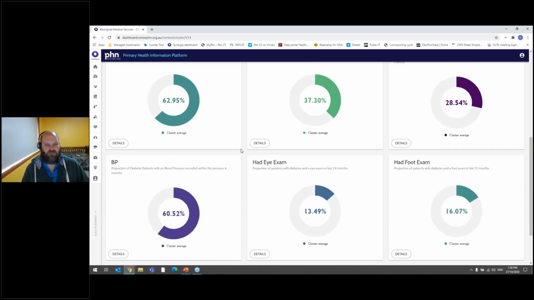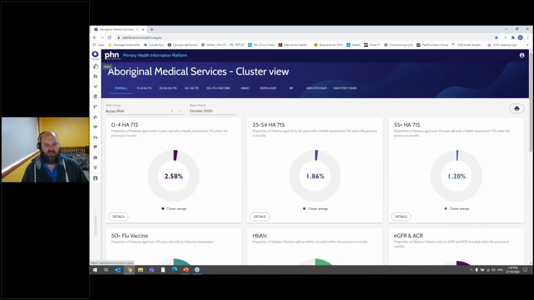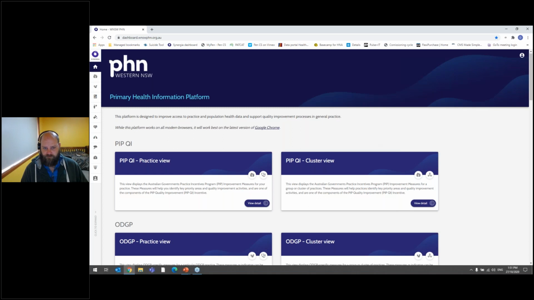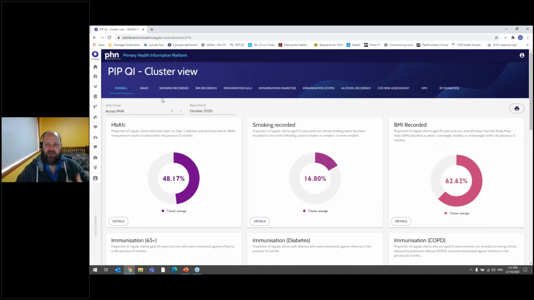So I guess what I've done so far with everyone is provided a very brief synopsis here of the updates that we've undertaken for the primary health information platform. And the 2 key phases that we've had with this is one, as a part of that practice incentive payment program, or PIP QI, and making sure that to support practices in their ability to design their continuous improvement programs, having the snapshot available.